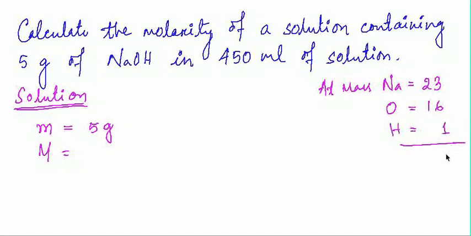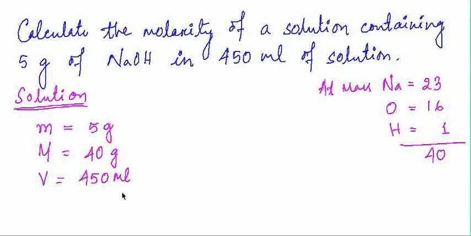Now if you add all that, you will get 40. So 40 is the molecular mass of sodium hydroxide. So we have the gram molecular mass, that is 40. And then we need the volume of the solution or solvent, that is 450 ml.